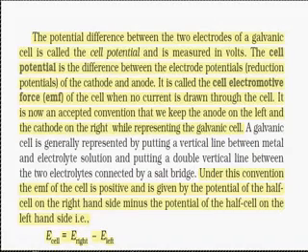That is, E cell is equal to E right minus E left. So you can say E cathode minus E anode for calculating E cell.